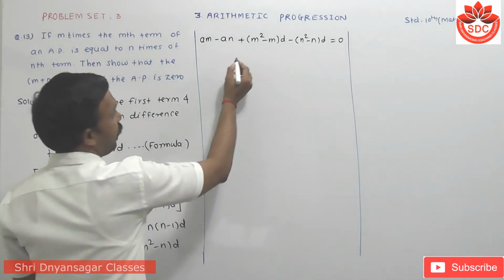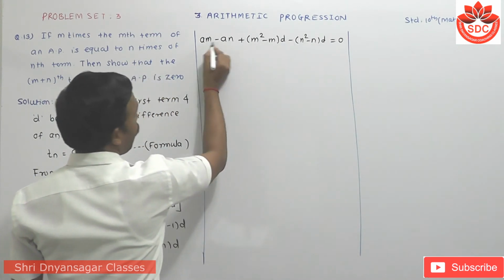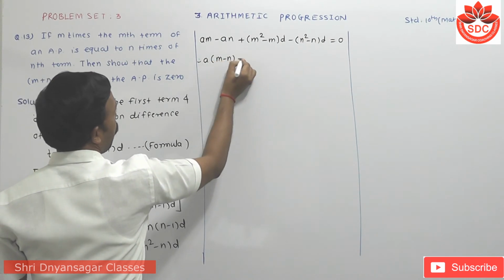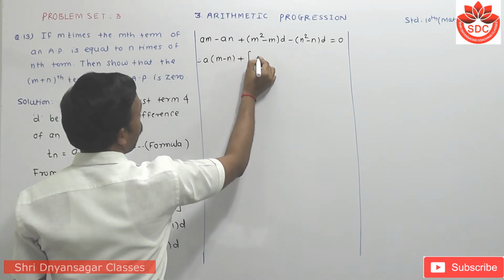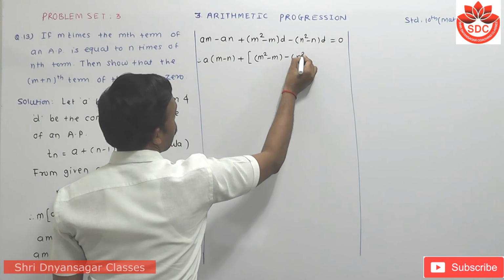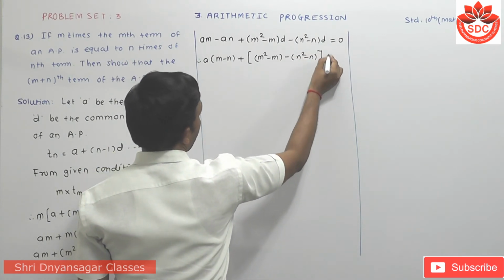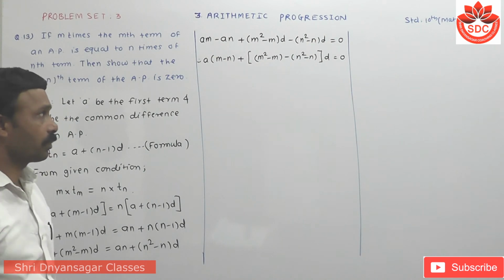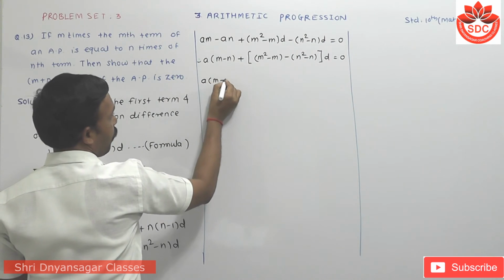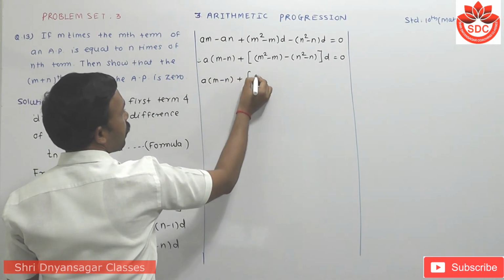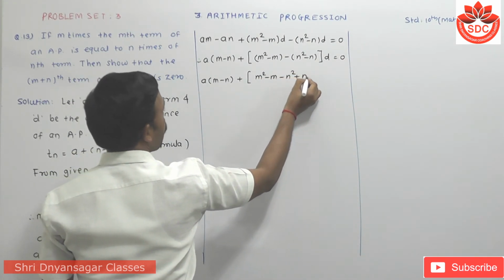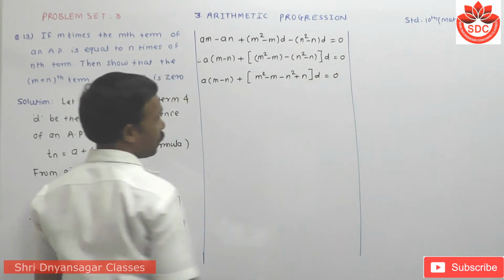Now student, we take common a and d, we get a in bracket m minus n plus in big bracket m square minus m minus n square minus n, and d common, is equal to 0. Then the minus sign changes all the signs of this bracket, so a in bracket m minus n plus m square minus m minus n square plus n into d is equal to 0.